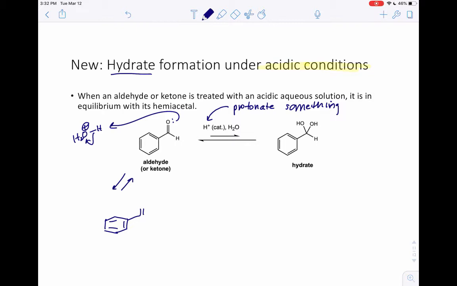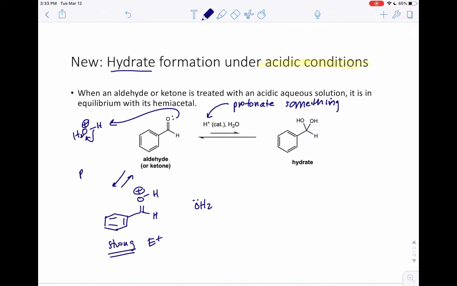When you protonate this aldehyde, you have made a really strong electrophile. It is going to undergo nucleophilic addition, and water is going to be that nucleophile. So the only one around. Water is a weak nucleophile, but it's still a nucleophile, and the protonated carbonyl is a strong electrophile.